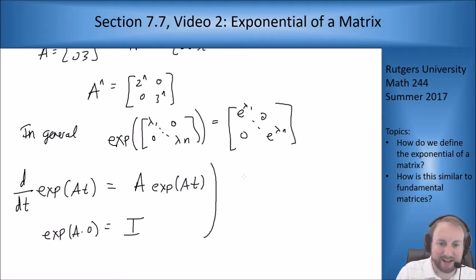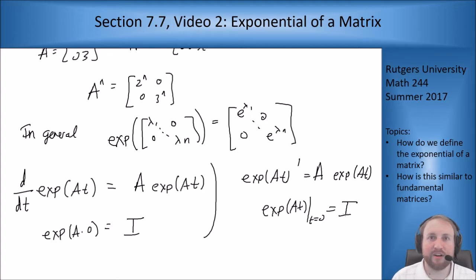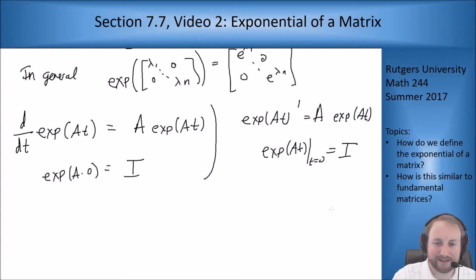So what this tells me is that the exponential matrix of At, its derivative equals A times the matrix itself, and the exponential matrix at 0 is the identity. But last time we talked about this special fundamental matrix phi. Well, what does that satisfy?